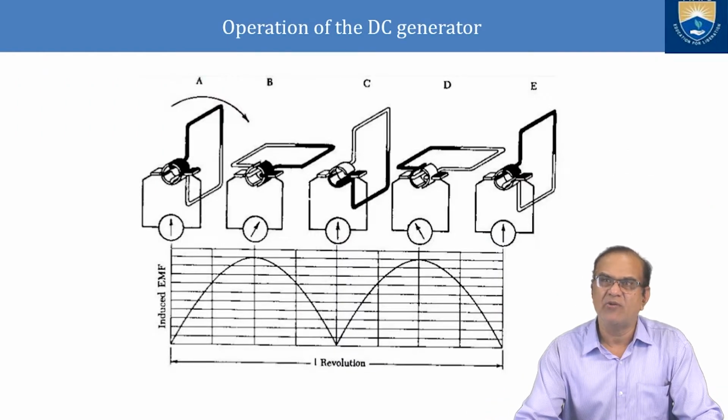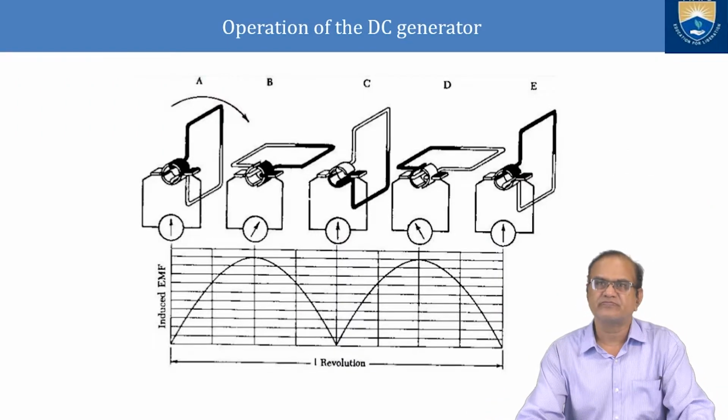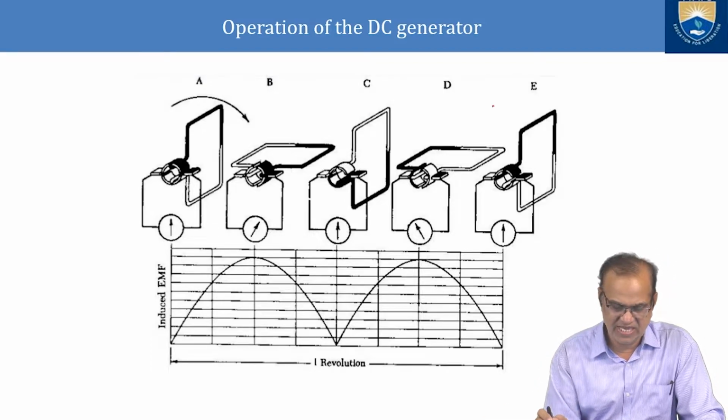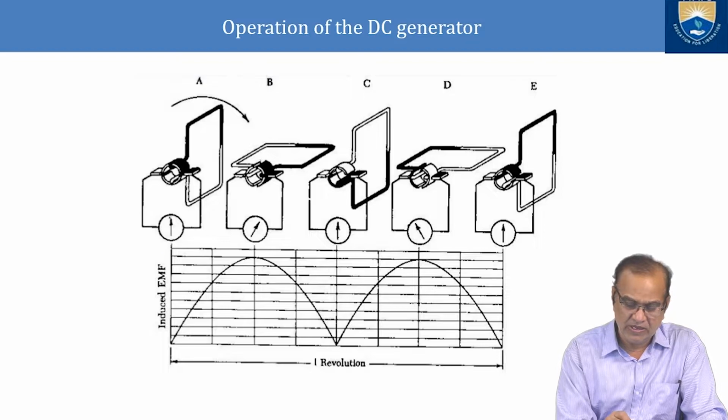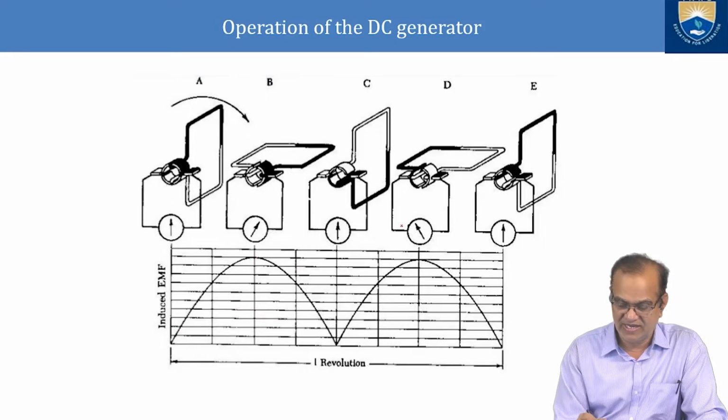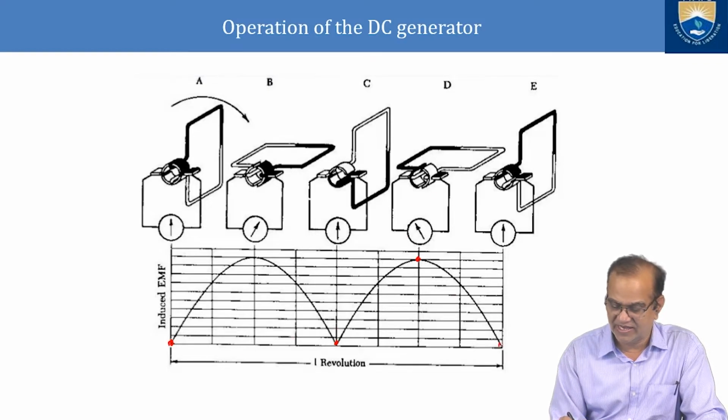Here in the operation of the DC generator, we can see A, B, C, D and E. As it rotates in this direction, it moves, then at the horizontal, then again at the same point, and again it goes in the other direction.